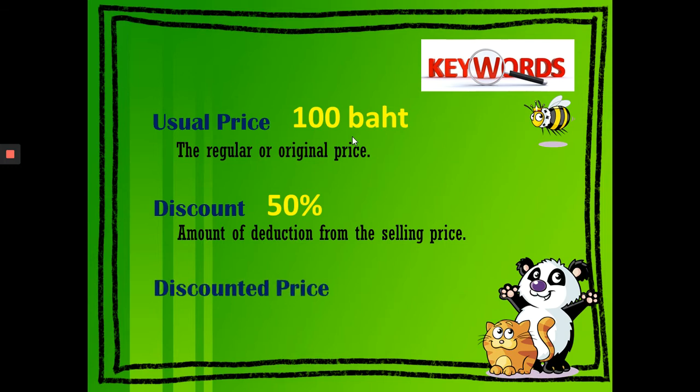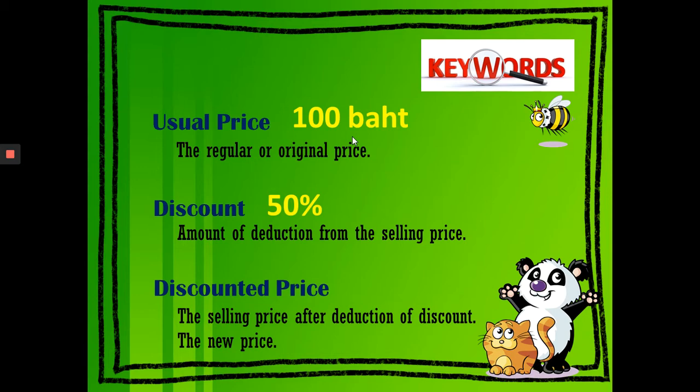Okay, now the discounted price, that is the selling price after deduction of discount. So that is your new price. Like for example here, a piece of cake costs 100 baht and it was on sale 50%. 50 is half, so that means half of the price is to be deducted.